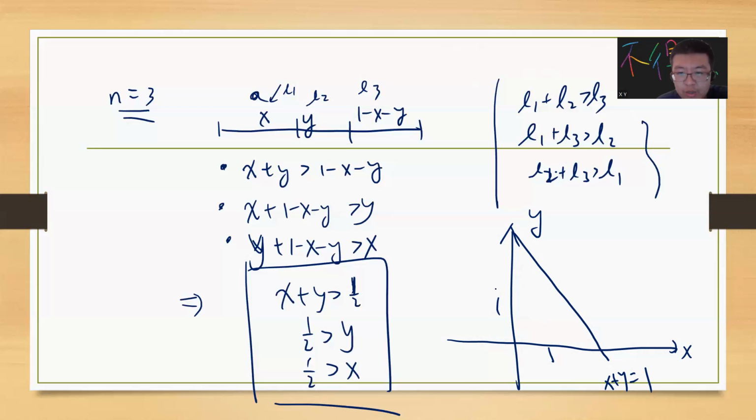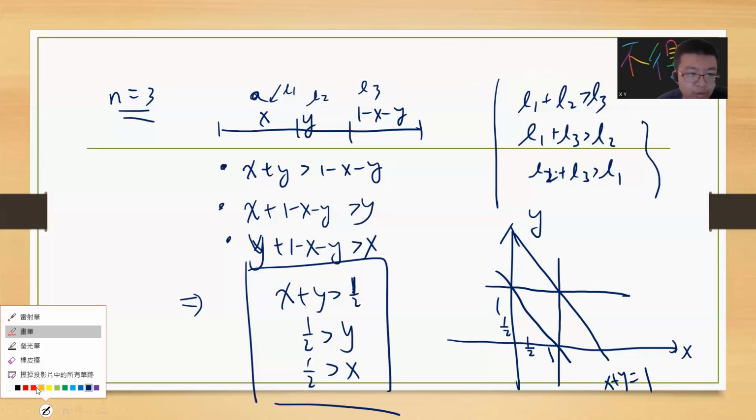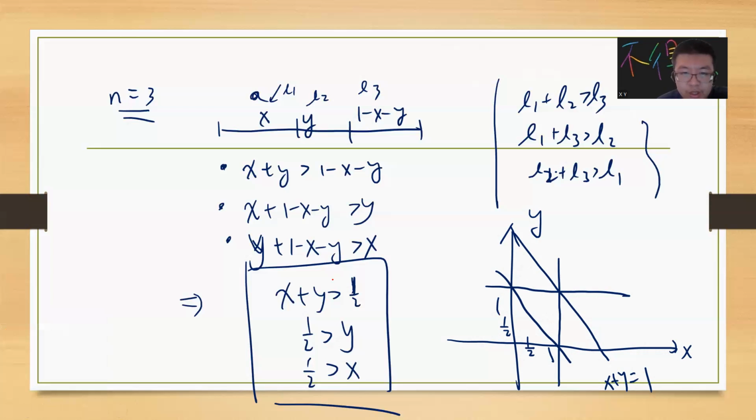So x plus y greater than half is this line, and y less than half is this line, and x less than half is this line. So you have three conditions.